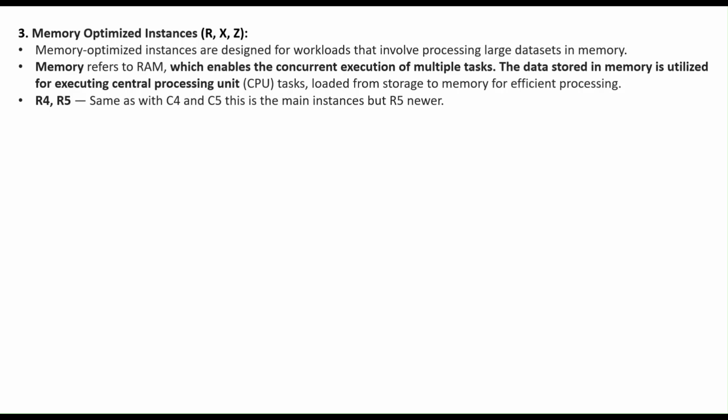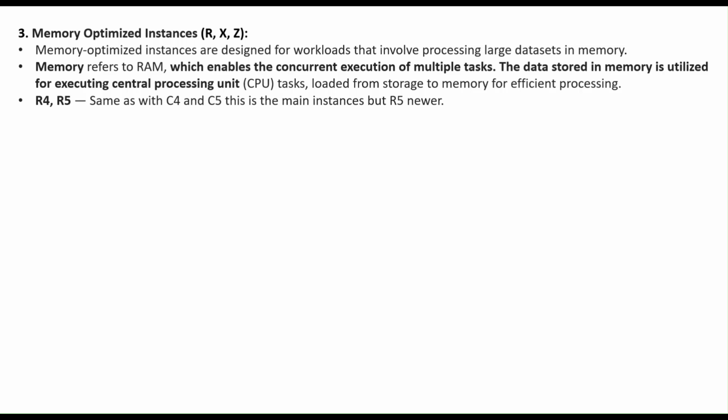Memory refers to RAM, which enables the concurrent execution of multiple tasks at the same time. The data stored in memory is used for executing central processing unit tasks, which means CPU tasks are loaded from storage to memory for efficient processing.